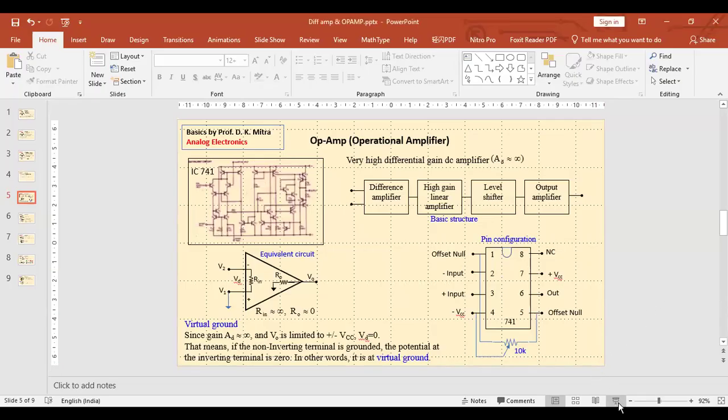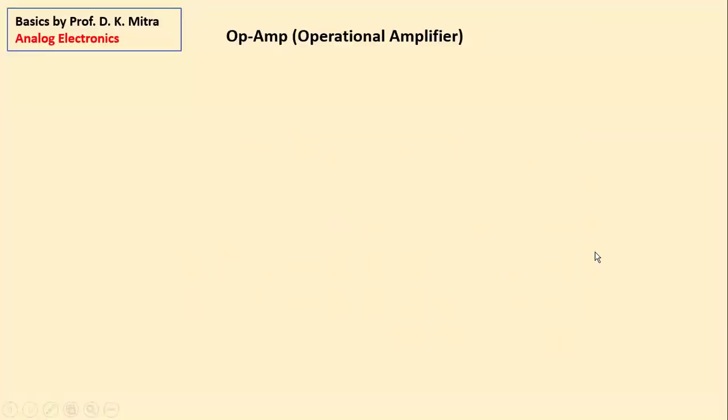Good morning, students. Today we start our lesson on operational amplifier. As I told you last day, the name operational amplifier came into being sometime in the late 1960s, when this amplifier was introduced in the market.